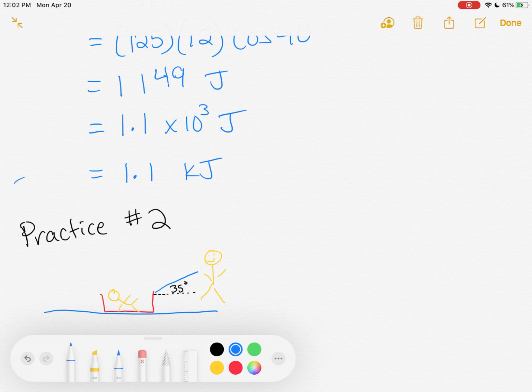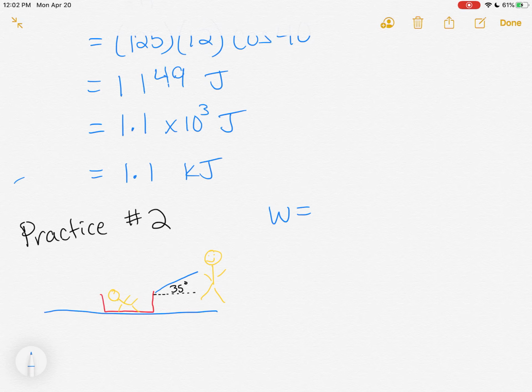My question is going to tell me that the work done by the father is 2,410 joules, and the displacement is over 50.0 meters. Okay, and so this work is from the applied force.